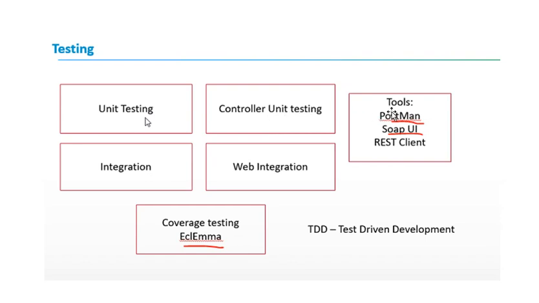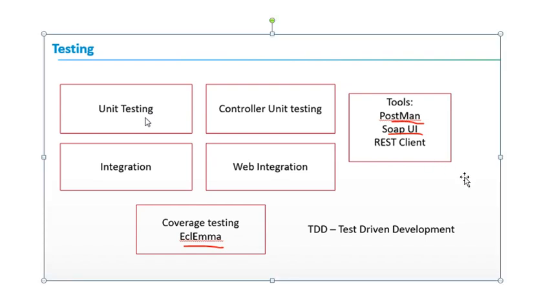For checking the REST API, we can use Postman, SOAP UI, or a REST client. For JUnit, the important thing is coverage, how much code has been covered. We can use Eclemma for JUnit test coverage. And this is the approach of test driven development. So it's fail fast.